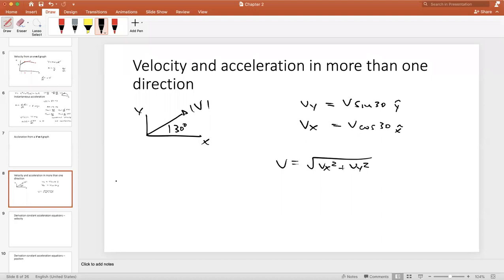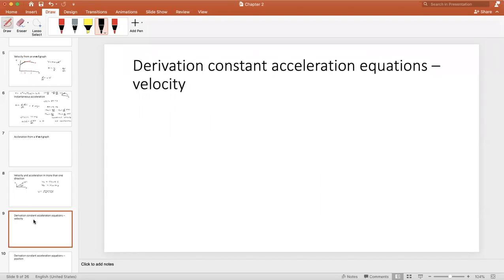Okay. The last thing that I need to do before we start doing some problems and knocking out some fun problems is what happens when we have constant acceleration. Now, I already said that a was dv/dt. And so I see that dv is equal to a dt, except I'm assuming a is a constant and not 0.